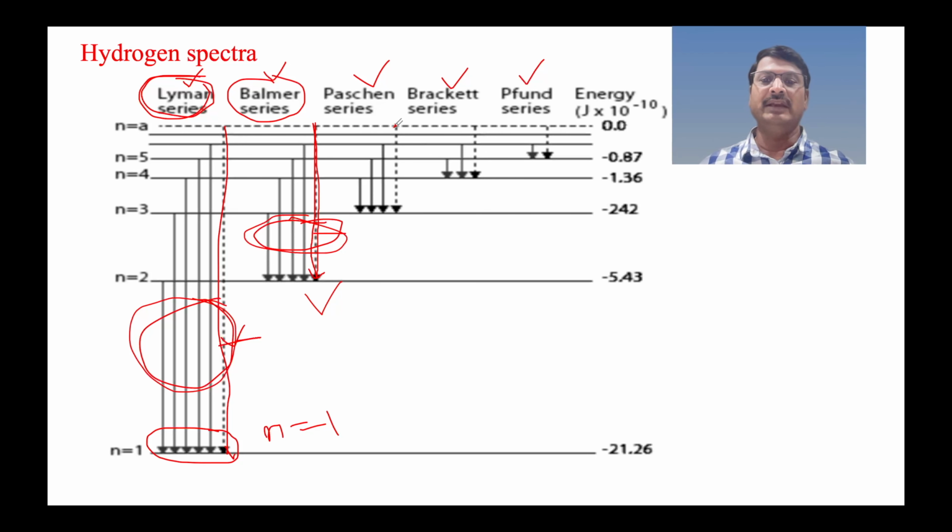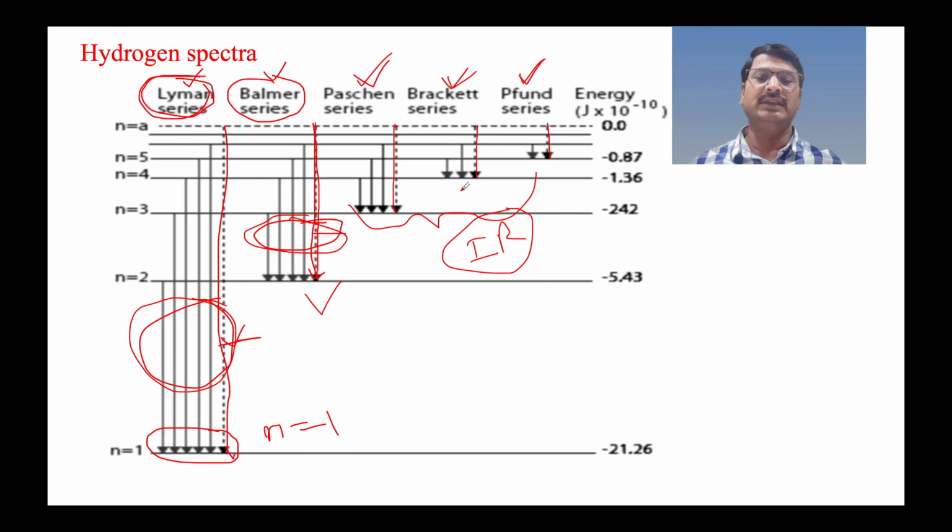Similarly, if any higher energy electron comes into the third energy level, it is called the Paschen series, the fourth energy level is called the Brackett series, and the fifth energy level is called the Pfund series. These three series are present in the infrared region, and the energy of their light is very low compared to the previous two. So like that, the hydrogen spectra contain a total of 5 different series in 3 different regions.